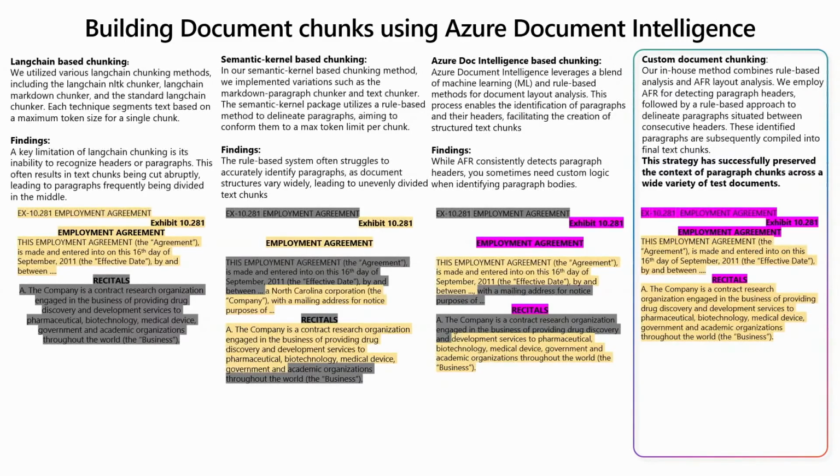Versus everything on the left, you get a mix and match of different things, which is not what you want. So with Azure Doc Intelligence and a little bit of post-processing that we have in that pipeline, we're able to get very clean delineation of the paragraphs and the header information, which is extremely helpful for the chunking process when we move that downstream.